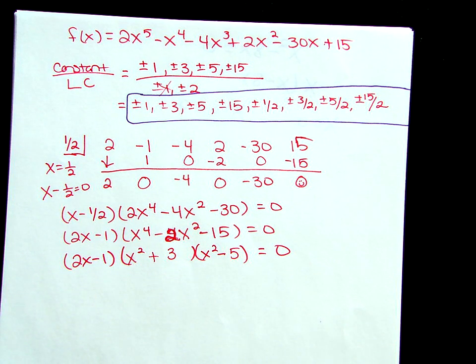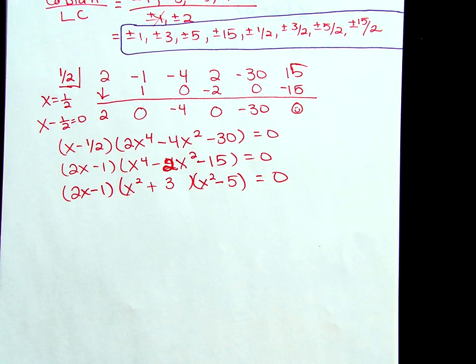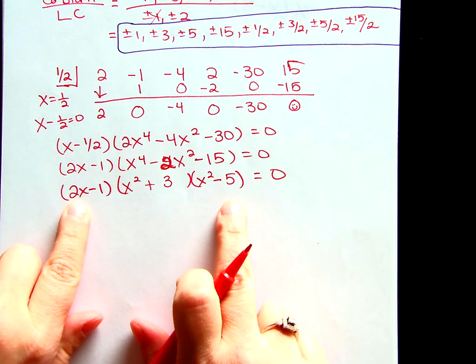Now, before, when we've had x squared plus 3 as one of our factors, how can we solve that? Can we set that equal to 0 and solve it? Yeah, we had a square root property that we could use. So we have this factored into 3 factors. We can set all 3 of those equal to 0 to solve for the zeros.